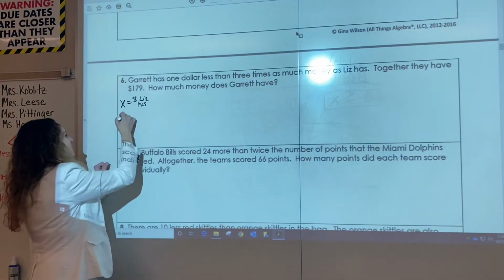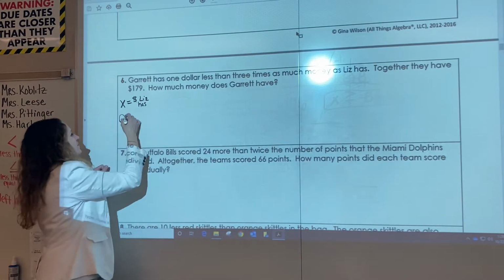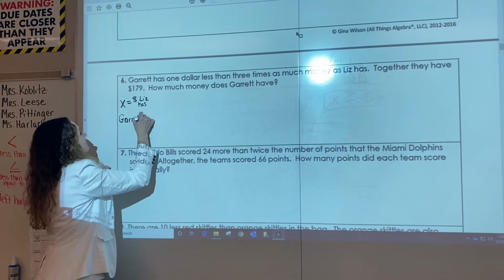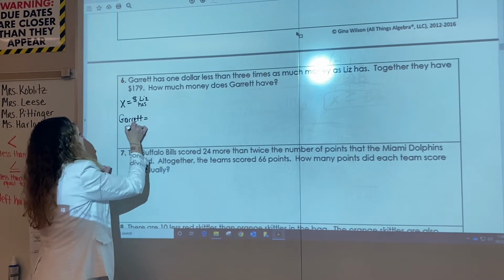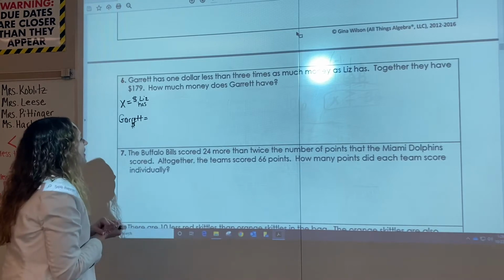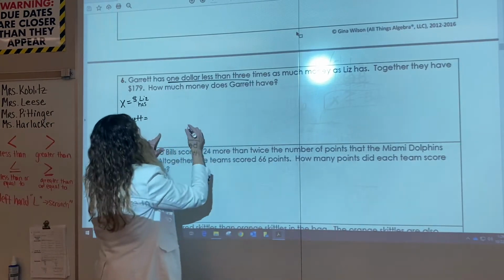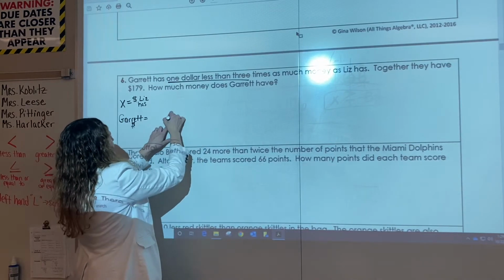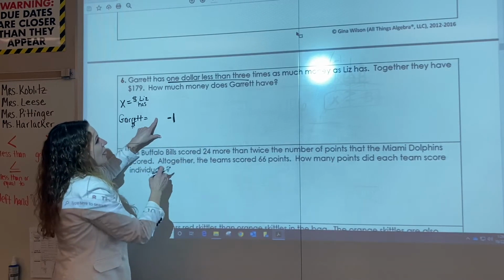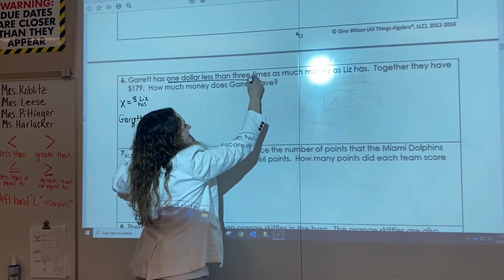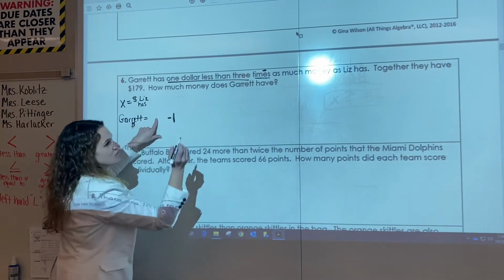And then for Garrett, we're going to have to translate that one. And this is Garrett's cash. So Garrett has $1 less than. $1 less than. So I know whatever this is, it's going to be minus 1. 3 times tells me to multiply as much money as Liz.